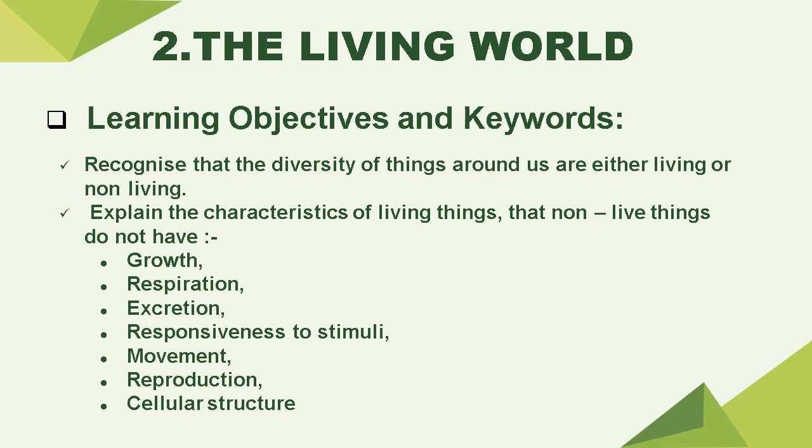The following are the characteristics of living things: growth, respiration, excretion, responsiveness to stimuli, movement, reproduction, cellular structure. Children, in this module we are going to learn about growth, respiration and excretion in detail.